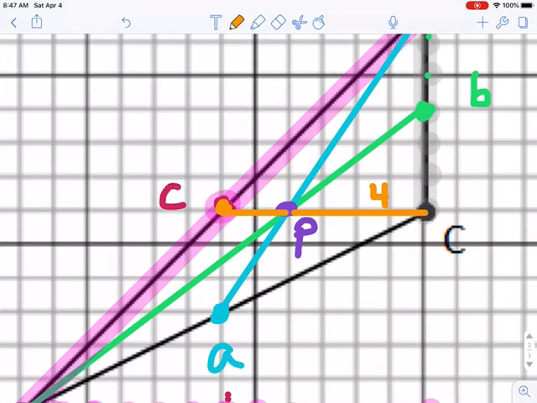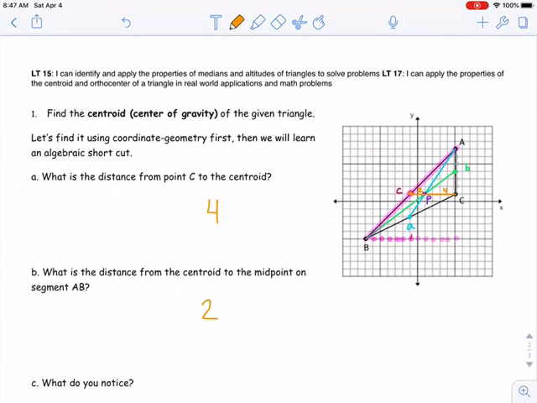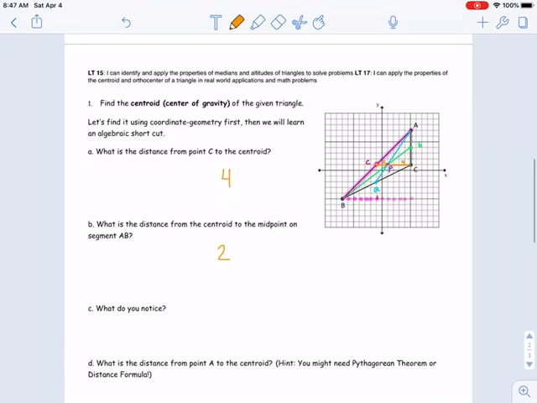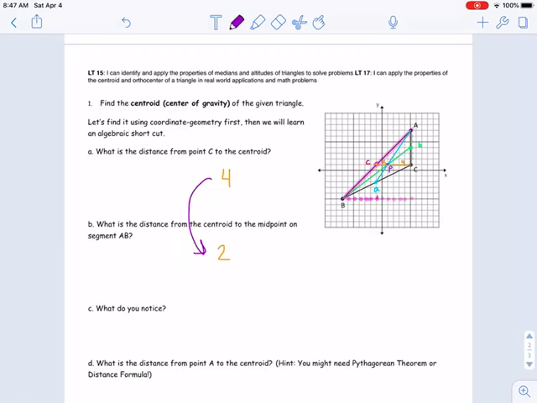What's that distance? 2. And what do we notice? It depends on how you think about it. Going this way, we can say it's half. Or if we go this way, it's double. So depending on how you look at it, one length is half the other, or one length is double the other.